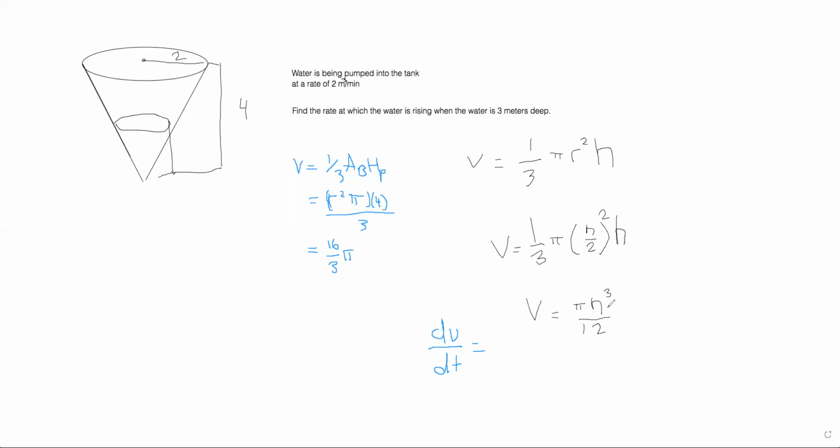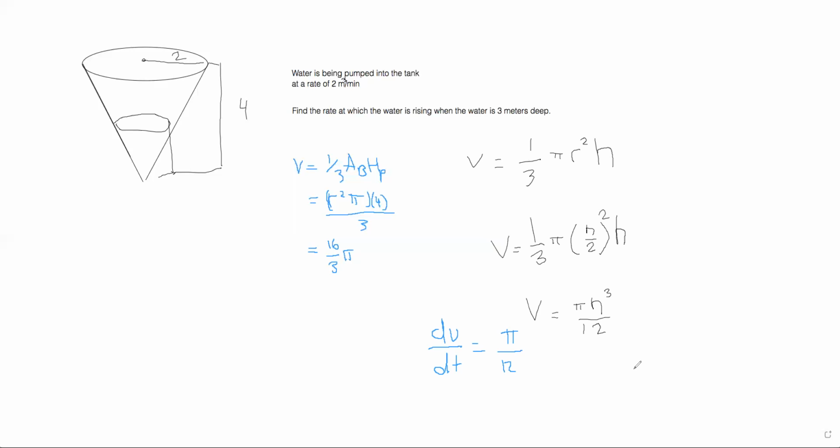You took the derivative of volume with respect to time, and then we want to do the same thing to the other side. I'm going to keep pi over 12 as it is, and then take the derivative of h cubed on its own.